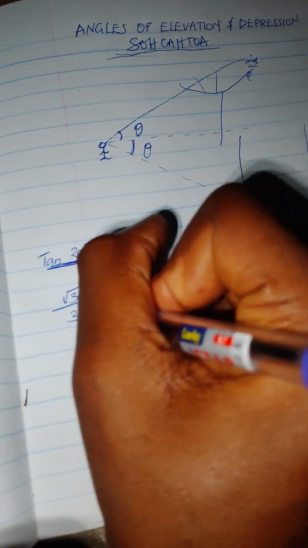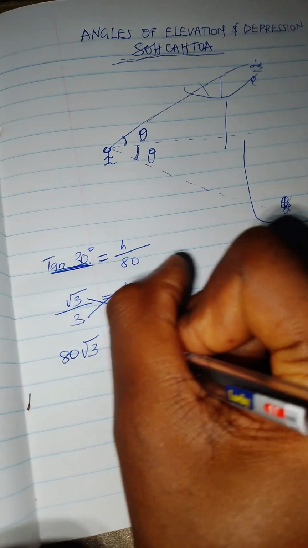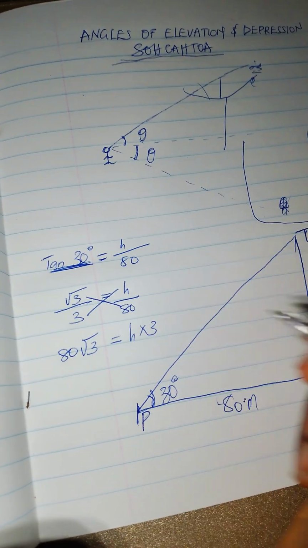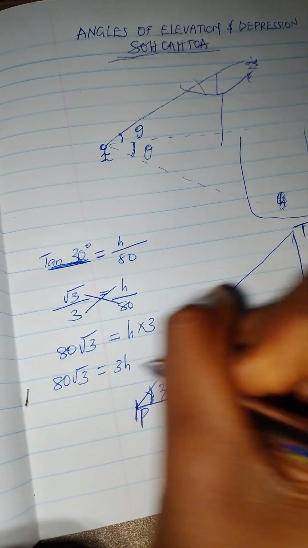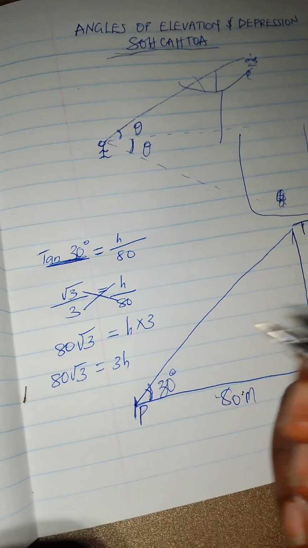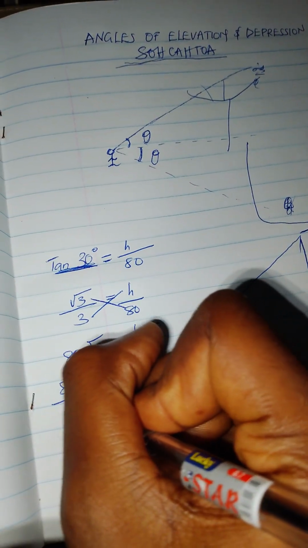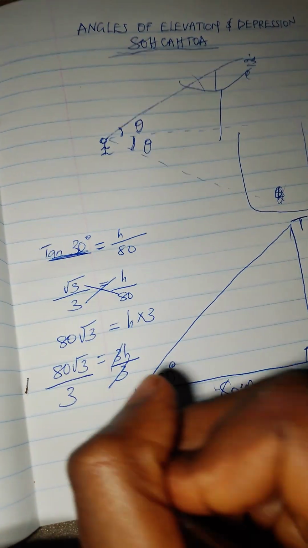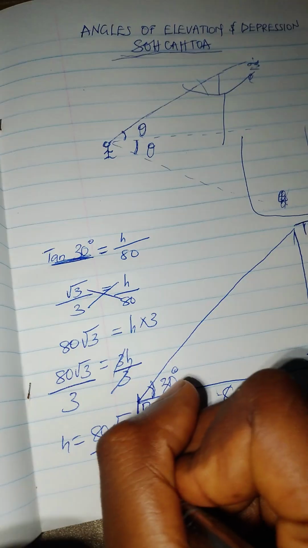So if I cross multiply here, I'm having that 80 root 3 is equal to h times 3. So 80 root 3 here is equal to 3h. Since I'm looking for h alone, I'm going to be dividing by the coefficient of h, which is 3. So I divide here by 3, divide here by 3. So I'm having that my h is equal to 80 root 3 all over 3.